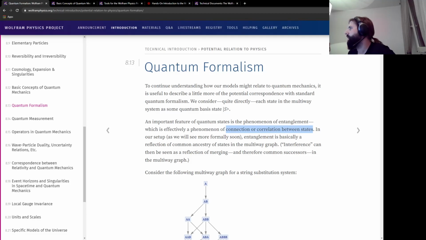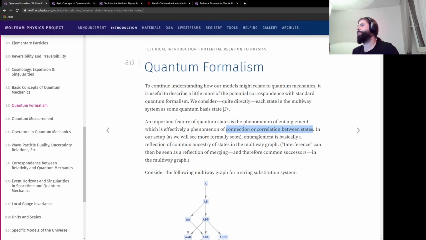Because is it that it's a correlation between states, or it's a correlation between systems? Like if I have 2 qubits and they're entangled, all together they have an entangled state. The way that I see it, it's easier to think about the qubits being entangled rather than the states.